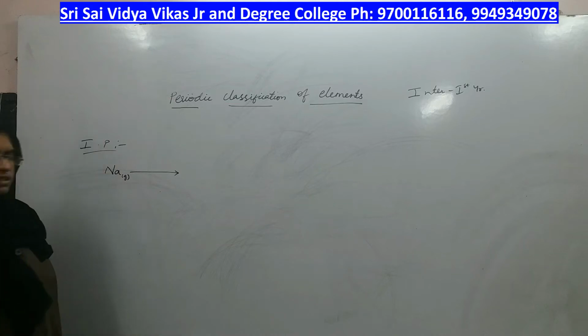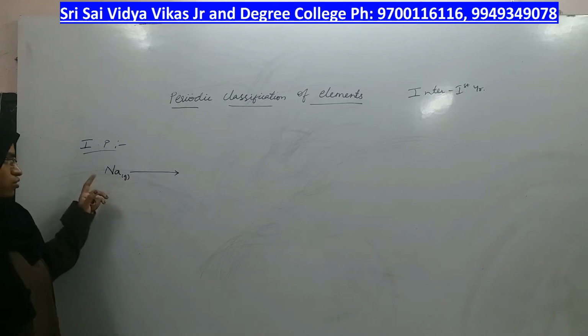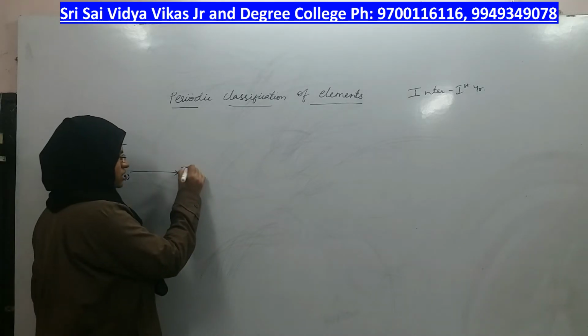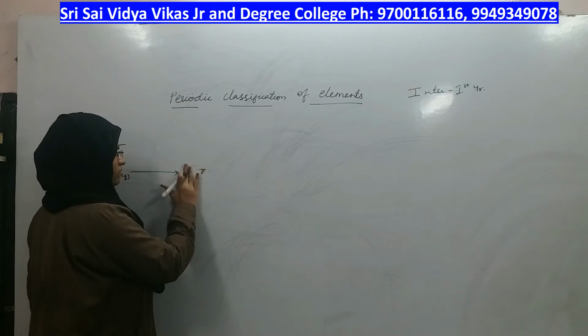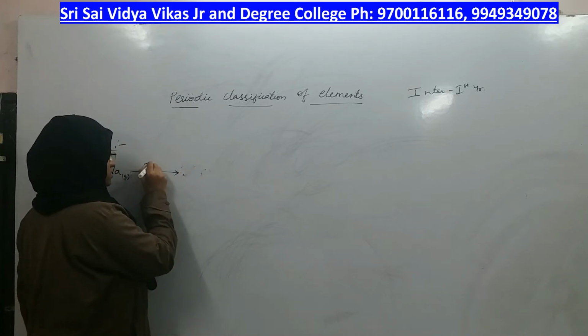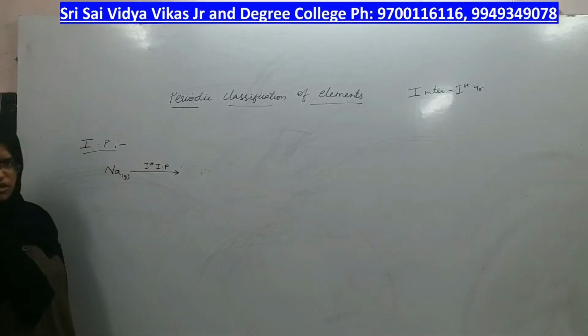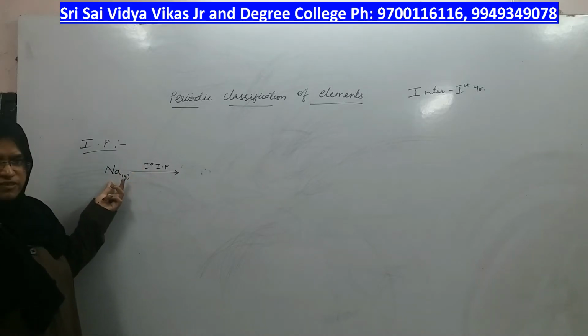So the definition we saw in the last class was: the amount of energy required to remove an electron from a neutral gaseous atom is called the first ionization potential. By utilizing this energy, how many electrons are we removing?